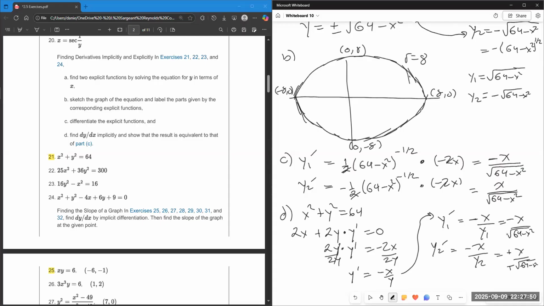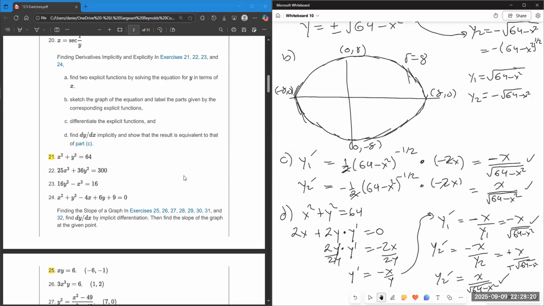Negative negative makes a positive, so y2 prime is equal to x over root 64 minus x squared. And I get the same answers for y1 prime and y2 prime that I got with explicit differentiation when I use implicit differentiation and substitute those y1 and y2 functions back in.